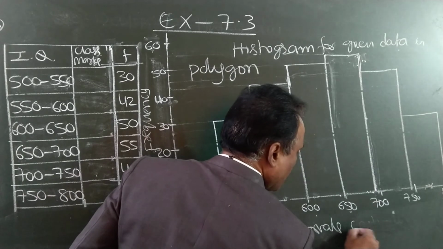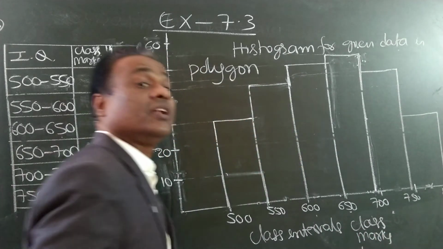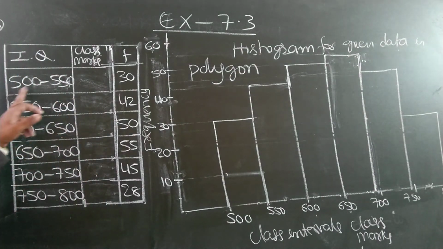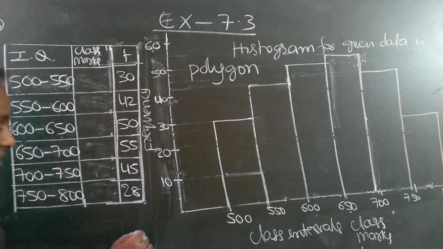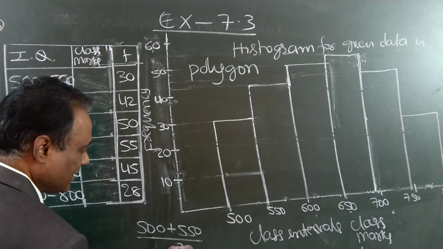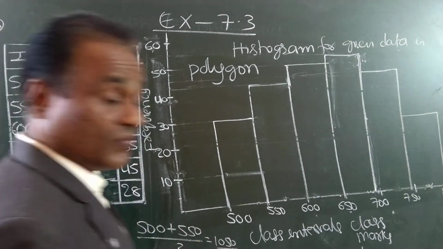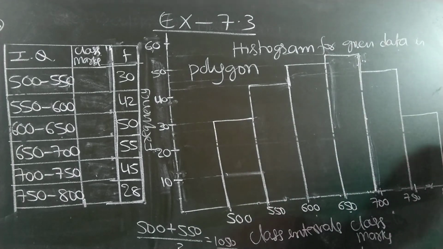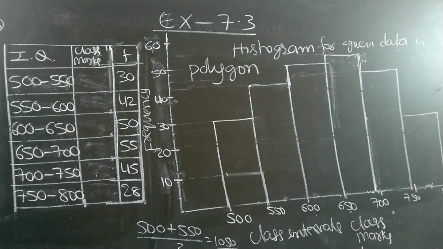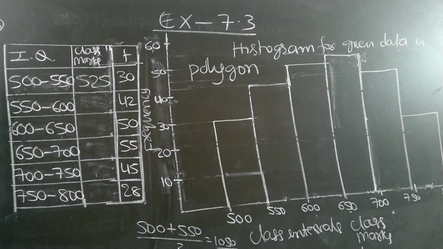Mid values, class marks. Class marks means mid values. What is the mid value of 500 to 550? Students, mid value is 500 plus 550 by 2, 1050 by 2, that is 525.